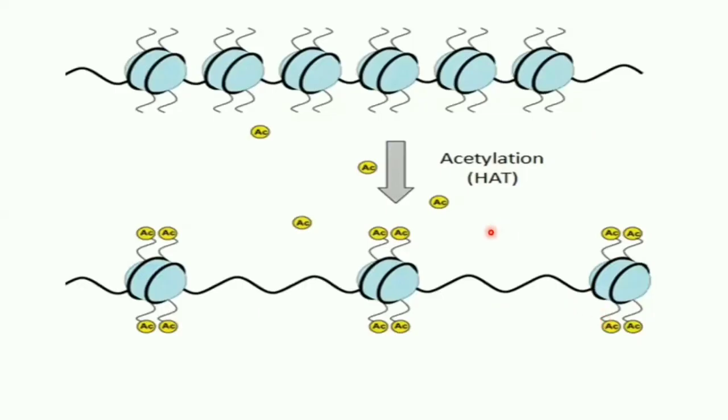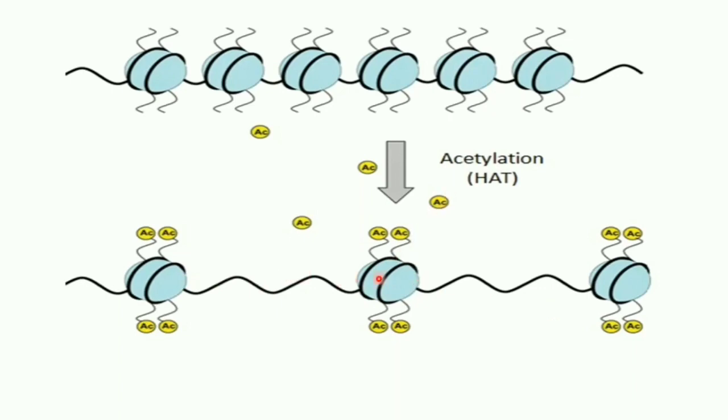This is histone modification, specifically acetylation. Here the enzyme histone acetyltransferase acetylates the histones into the acetylated form of histones. Here you can see that it was heterochromatin. Heterochromatin has to be converted into the loosely formed euchromatin.